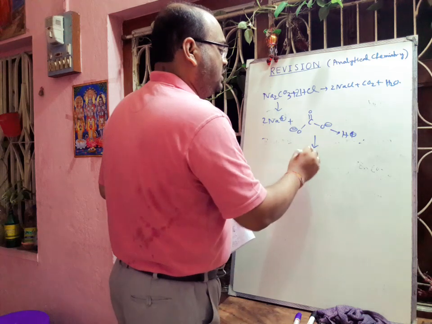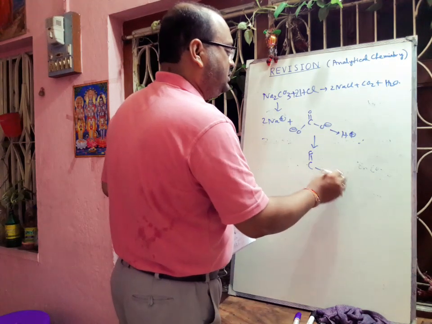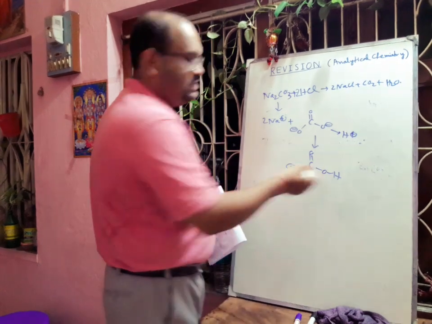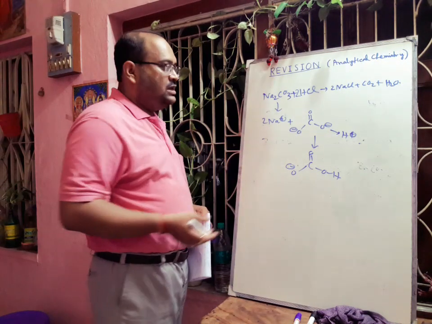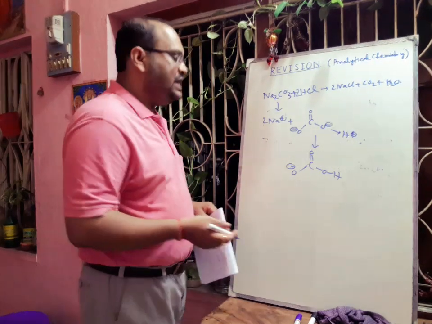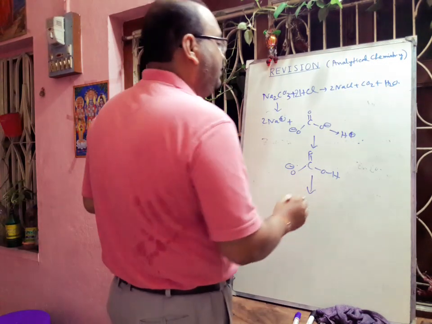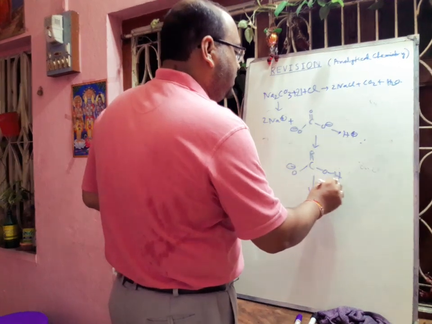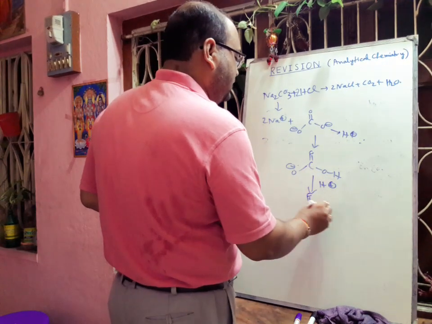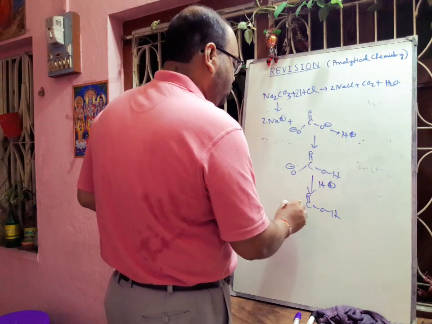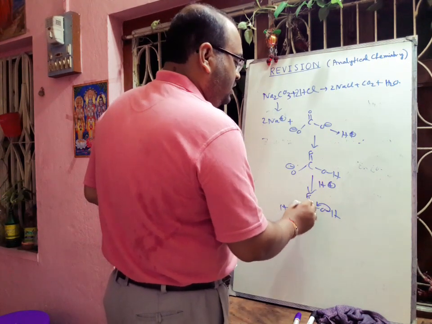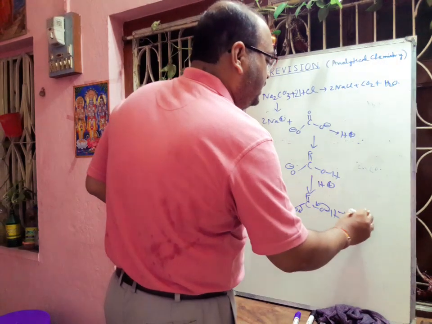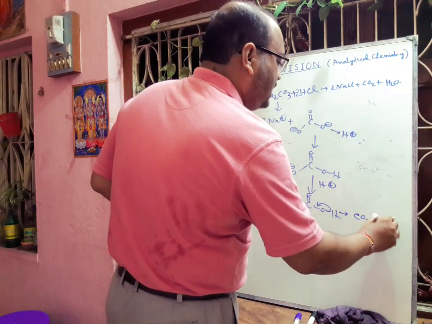First it will form C double bond O, OH and O minus, which is nothing but bicarbonate. That is why the bicarbonate HCl reaction is also a neutralization reaction. If we add another H plus, it forms carbonic acid, which you all know is not stable, so it dissociates forming carbon dioxide gas plus water.